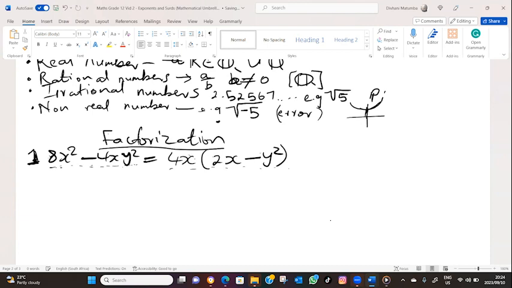It's 4x multiplied by that expression. So I factorized by taking common factors. That's one method.